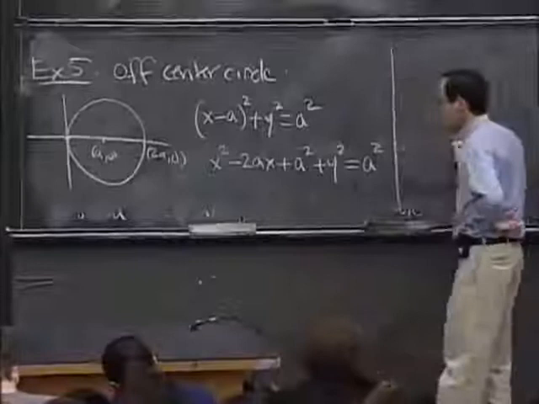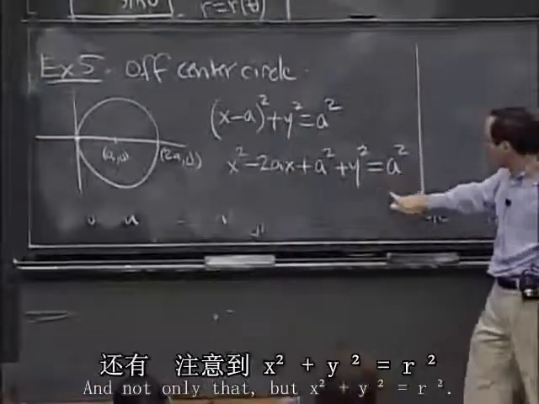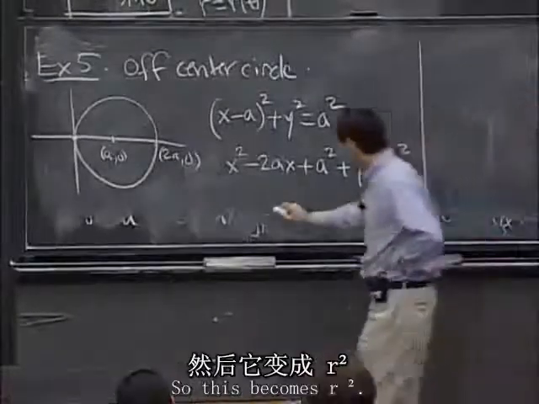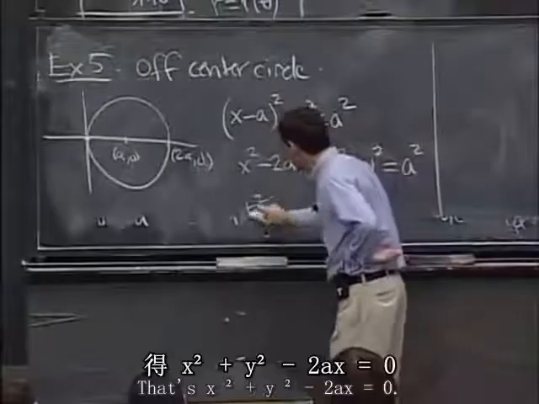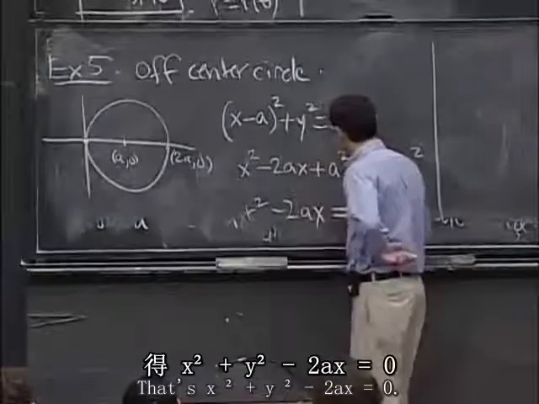All right? And now I see the a squareds cancel. And not only that, but x squared plus y squared is r squared. So this becomes r squared, that's x squared plus y squared, minus 2ax is equal to 0.